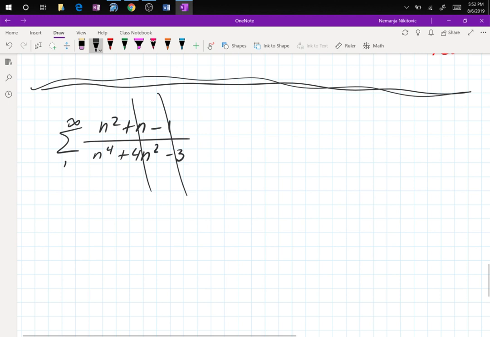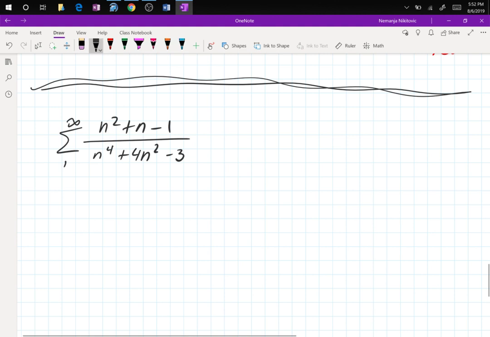1 over n squared. So 1 over n squared, are we expecting that to converge or diverge? Converge. Yes, converge because it's 1 over n squared. That's the p series, p bigger than 1. So we're expecting this to converge.